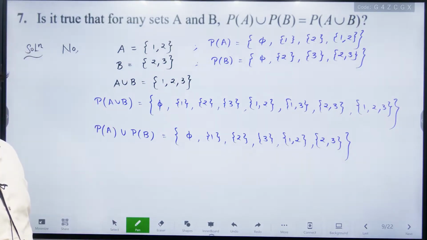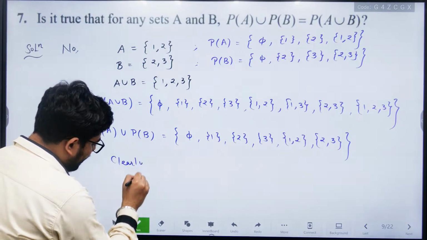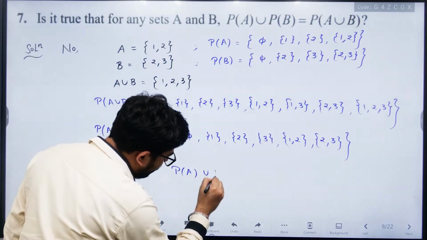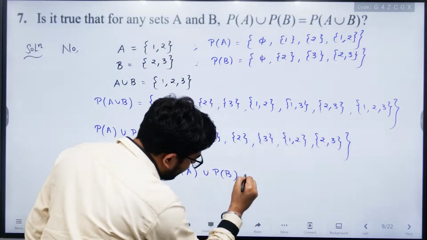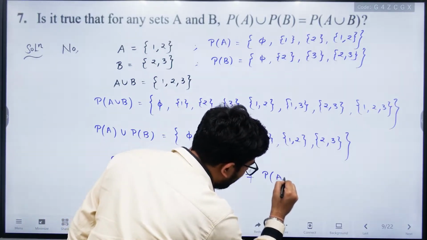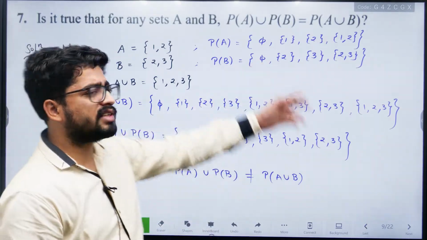Are they equal? Clearly, P(A) union P(B) is not equal to power set of A union B. Okay, so the given statement is not true.